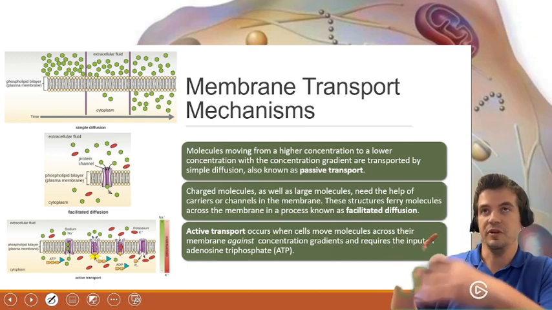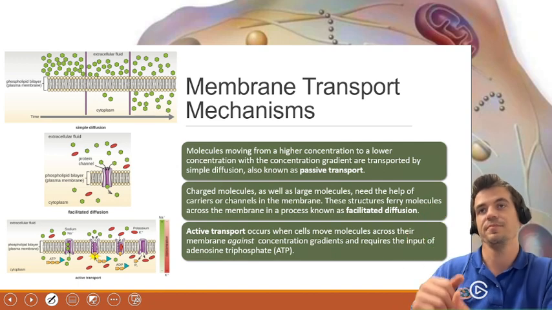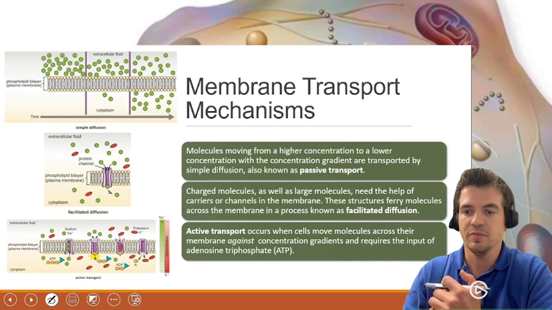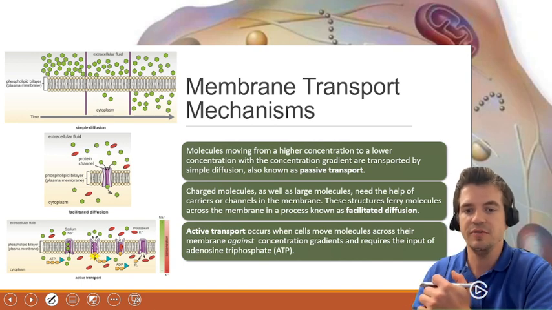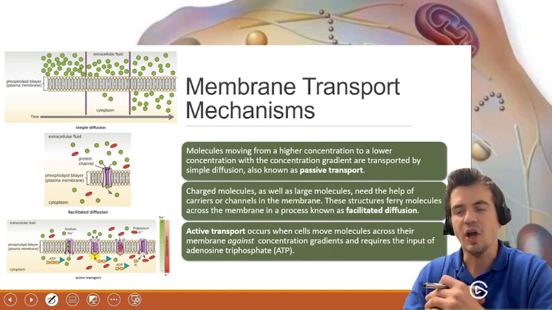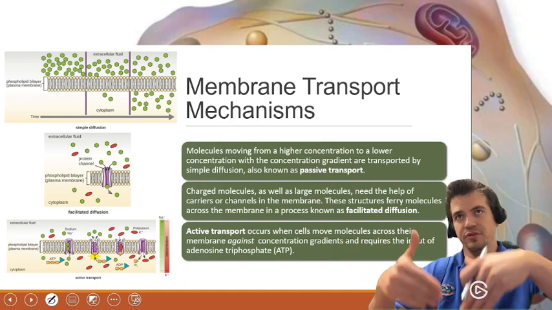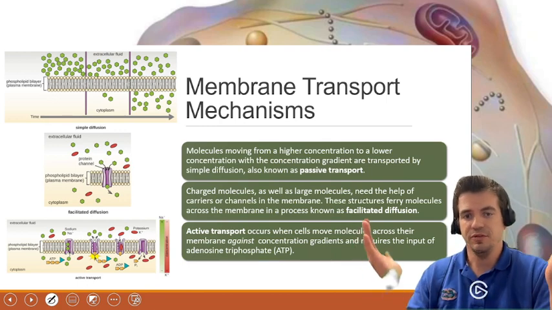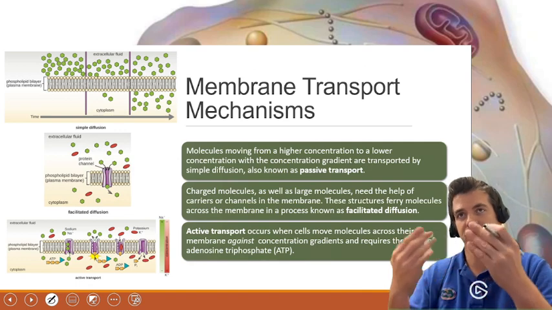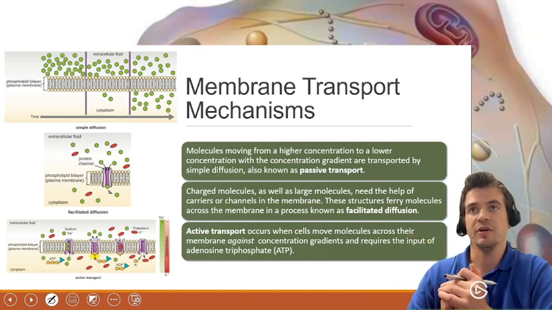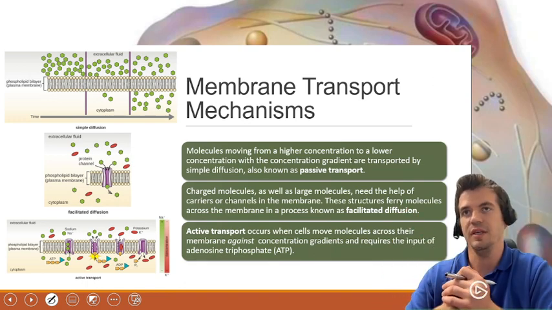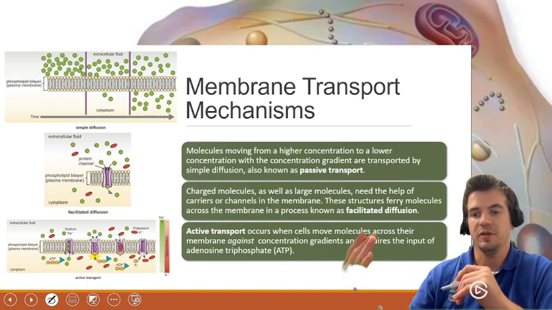You will go from an area of higher concentration to lower concentration. You can have charged particles, and you can have facilitated diffusion. Things that would naturally go through are able to go through channels, and those channels typically would only be big enough to allow what it wants through. But it doesn't require any energy because you are still using a gradient. It's just too big to get through the phospholipid bilayer.